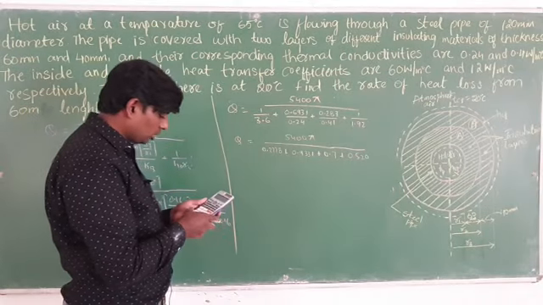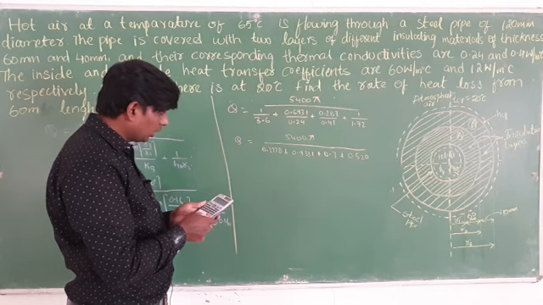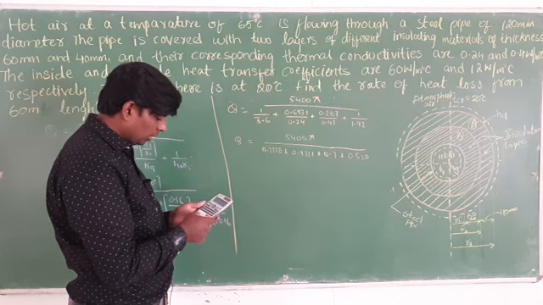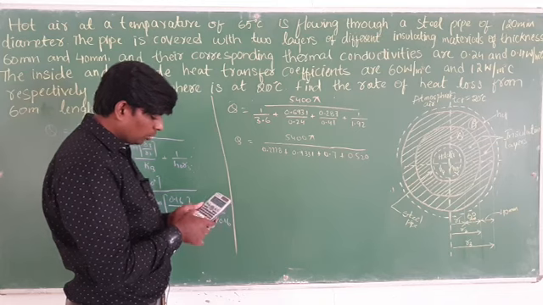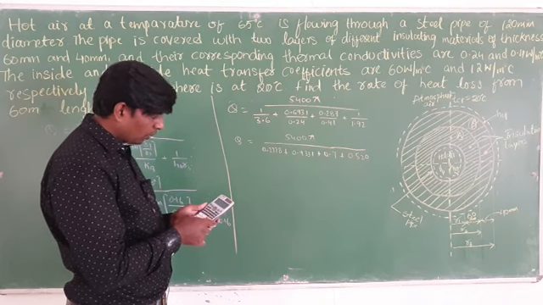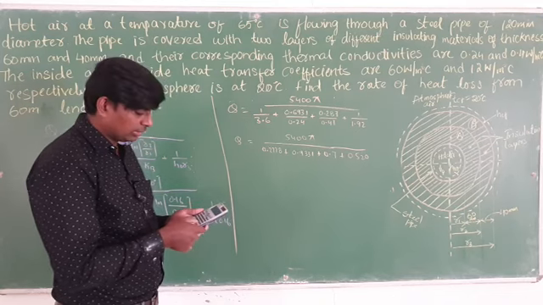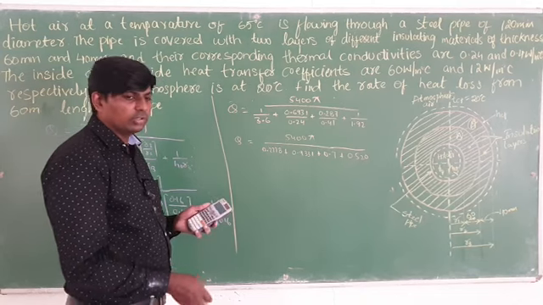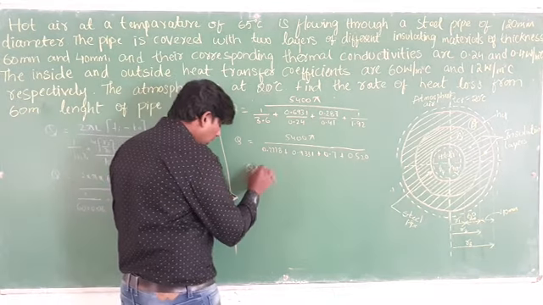If you add this one, 0.2778 plus 0.9331 plus 0.7 plus 0.520, then you will get the answer 2.4309.